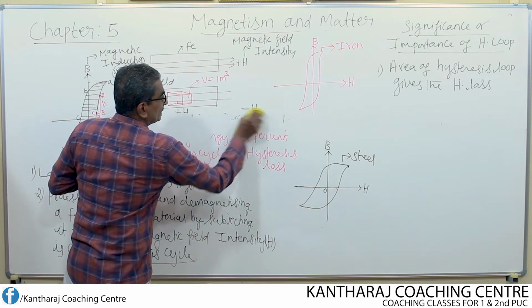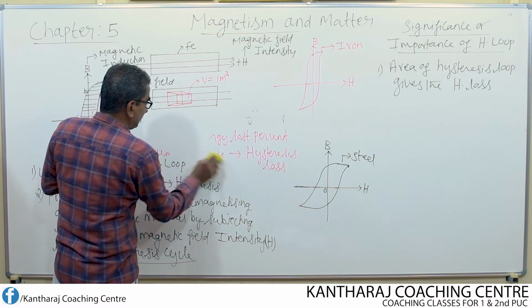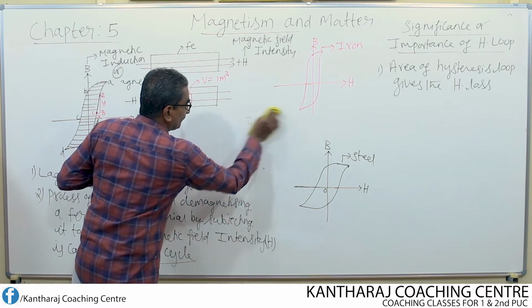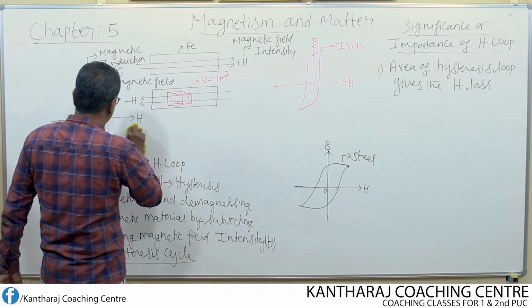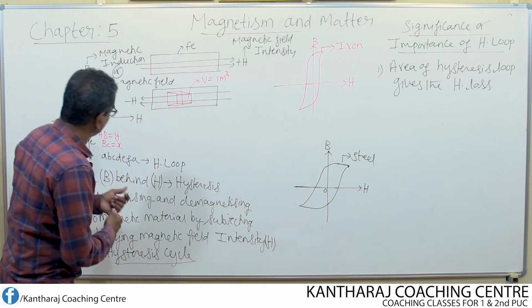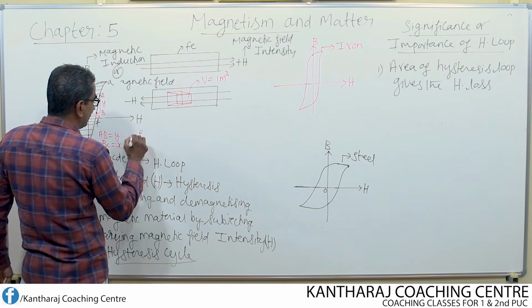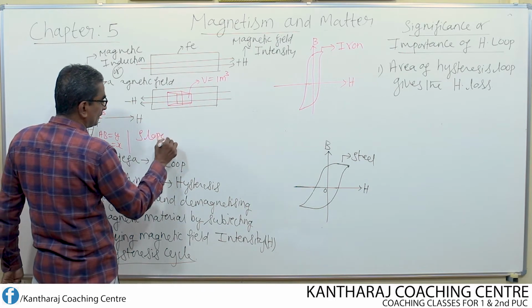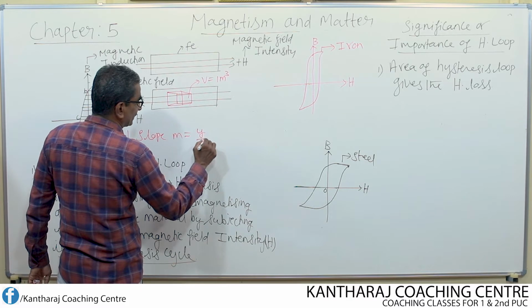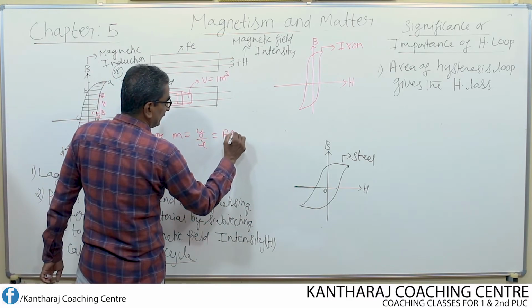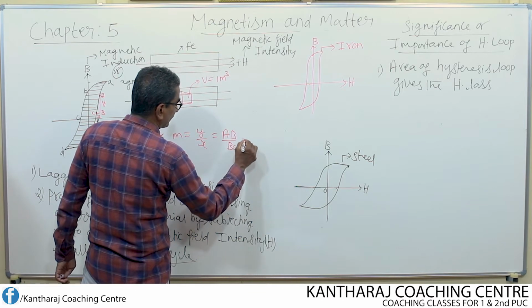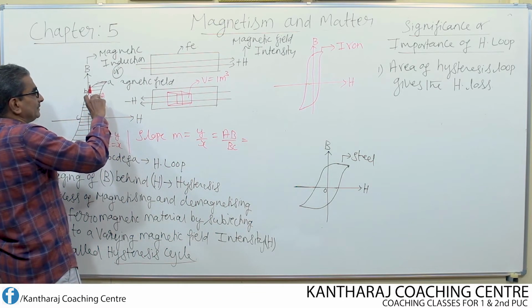The slope of the hysteresis loop can be determined by making use of the slope formula. What is that slope formula? Look here: slope m is equal to y by x. Y means AB, x means BC.